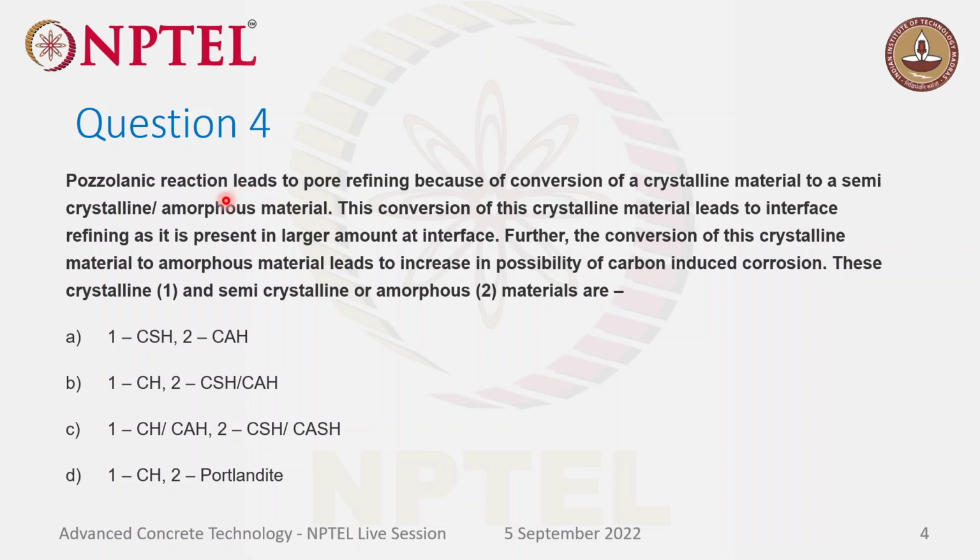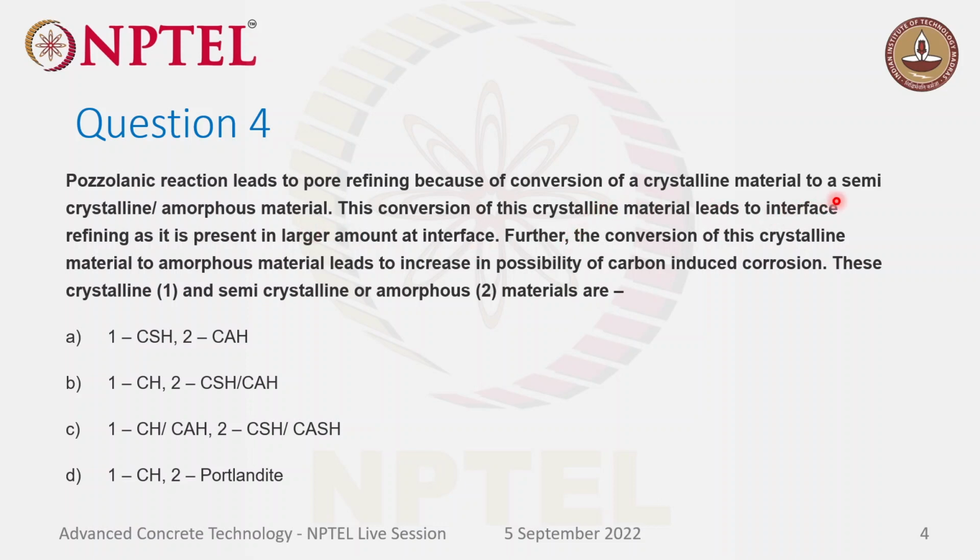So here they are saying the pozzolanic reaction leads to pore refining because of the conversion of a crystalline material to a semi-crystalline amorphous material. They are saying that out of the reaction products, one particular reaction product possesses a crystalline form. It's not amorphous. To make it easy, I'll say CSH is a semi-crystalline to amorphous kind of material. So here they're saying conversion of a crystalline material.